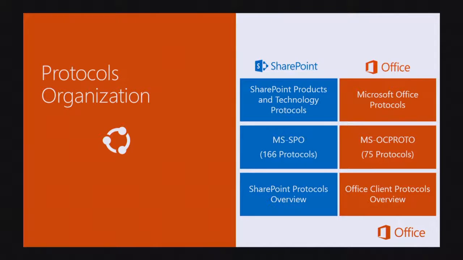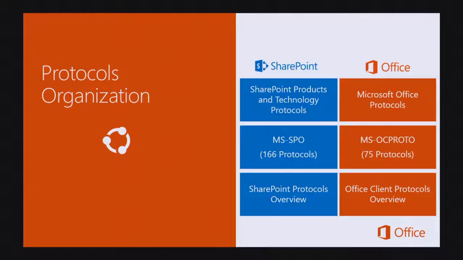One is for SharePoint, called MS-SPO, or SharePoint and Product Technology Protocols Overview. Then we have the MS-OCPROTO document, which represents the Office client protocols overview. These two documents are your roadmap. They connect the features in the products with the actual protocols that those features use to operate or execute.